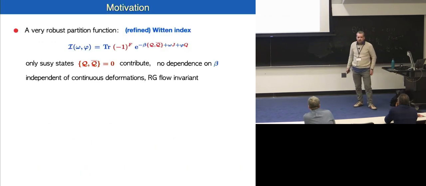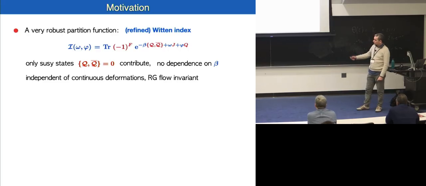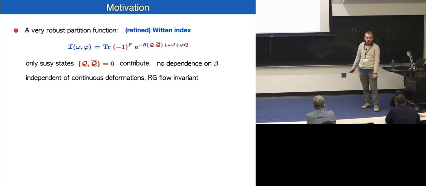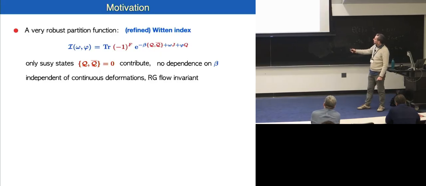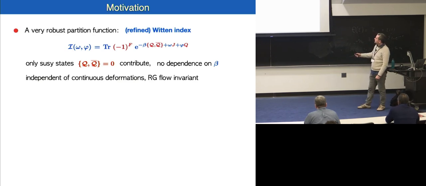So let me start by reminding you of a very robust partition function that is refined with an index. This is a trace over the Hilbert space of the theory of (-1)^F, where F is the fermion number. And then we have a supersymmetric Hamiltonian defined by the anticommutator of two supercharges. And then we may refine this basic index by adding chemical potentials for some charges that commute with the supercharge.